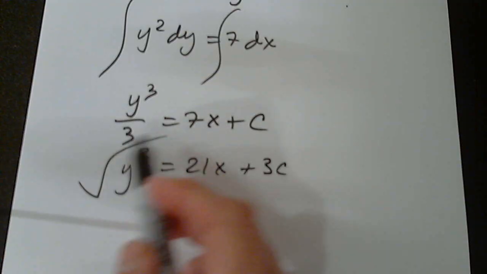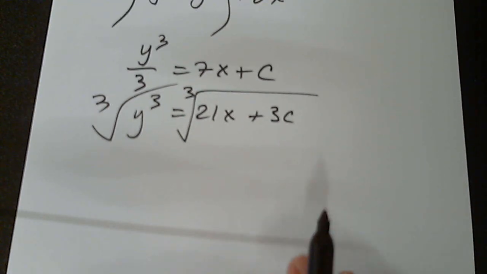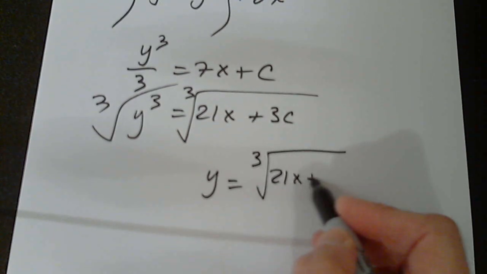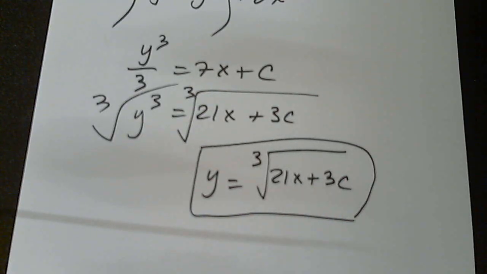And only then I'll apply the cube root to both sides. So then y equals the cube root of 21x plus 3C. Pretty similar with the previous one. Do we need anything else from this set of 31 through 38?